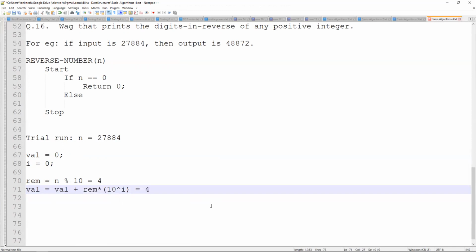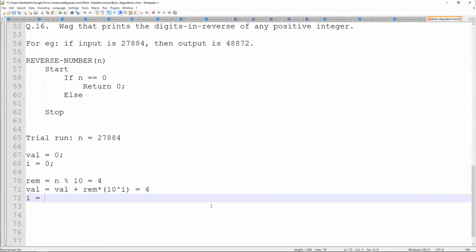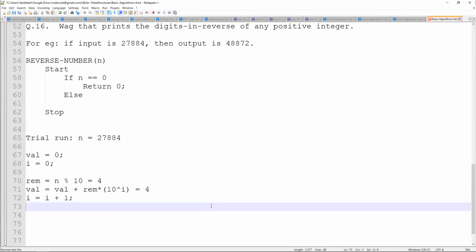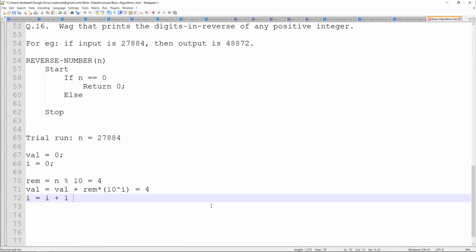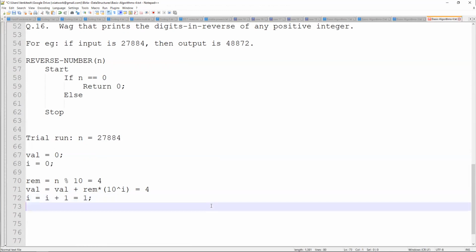Okay. And then I'll say I is equal to I plus 1. So I becomes 1 now. Next, what will I do?